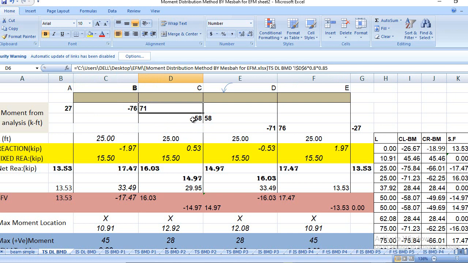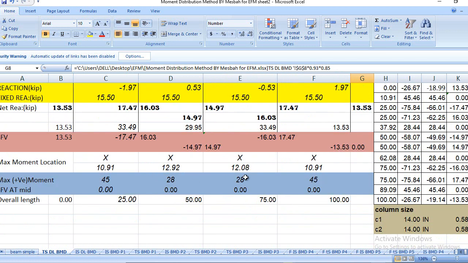Similarly, this one you see here, similarly you see here, and this one is again 0.93. Clear? After getting these moments, you have to find out your net reactions, as I already explained this whole procedure in my lecture number 5. And finally you will get these positive moments. Now these are the maximum positive moments for your beam, remember.